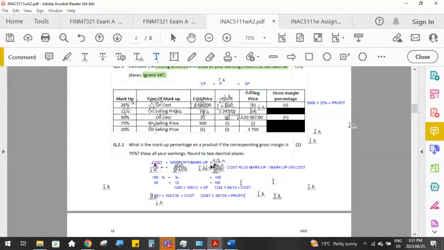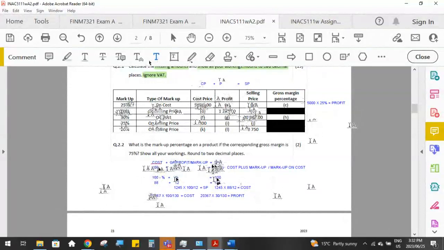Then these last two are also on selling, so they would work out exactly the same as the second one that we did. So they have given us the cost price, 75% on selling. So that means the selling is the 100. 75% goes here, which means 25% goes under the cost.